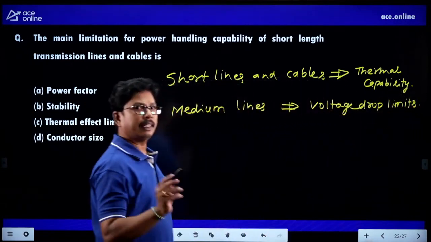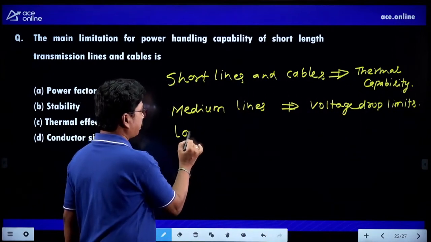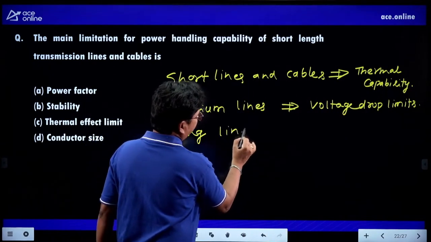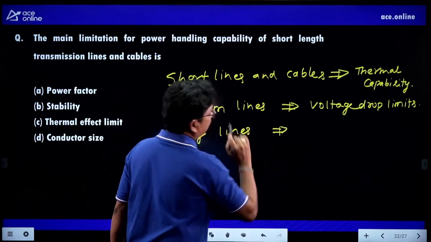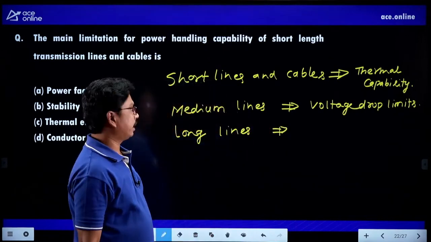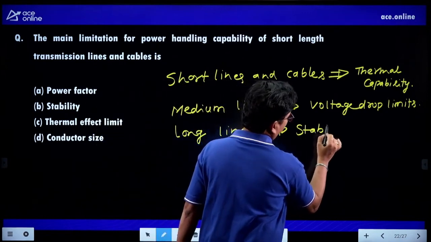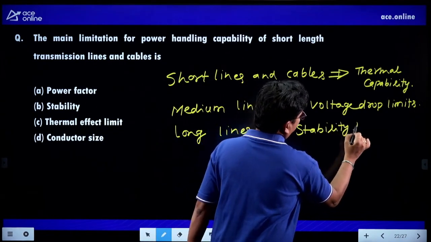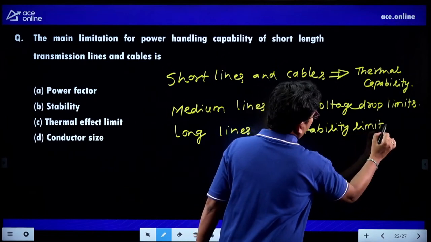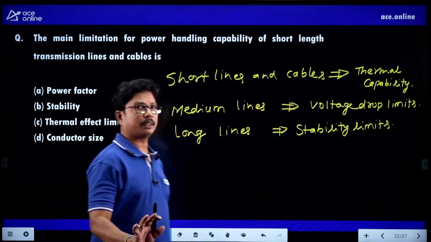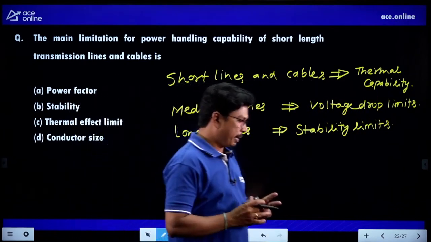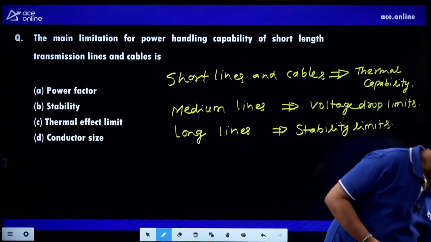And whereas in case of the long transmission lines, the power handling capability will be reduced by the stability limits. Clear, students? So these are the limits we are having here.